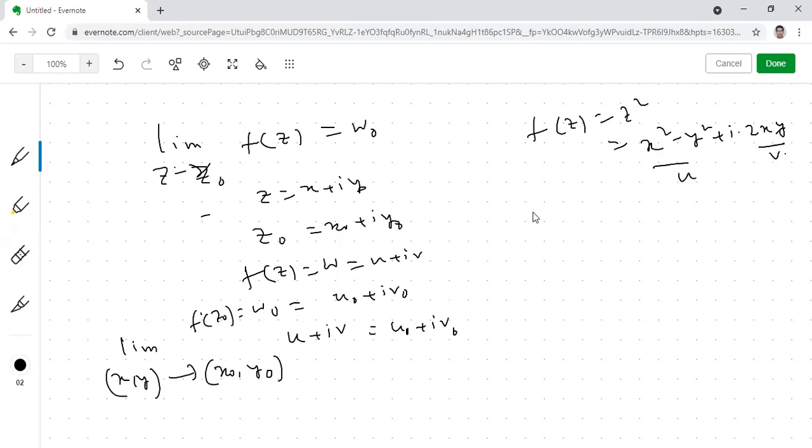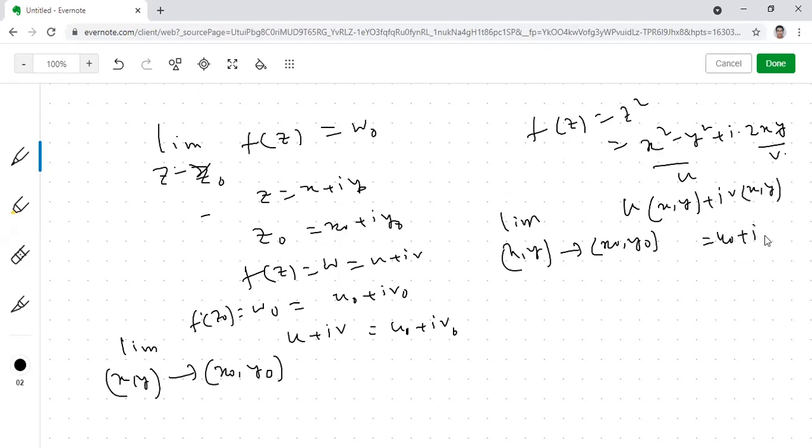So here we can write that limit (x,y) tends to (x0,y0) of u(x,y) plus iv(x,y) will be equal to u0 plus iv0. So here u and v both will be functions of x and y. Okay, is that clear? Yes, sir.